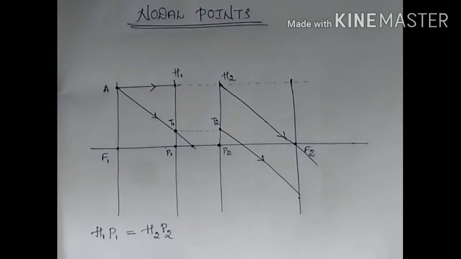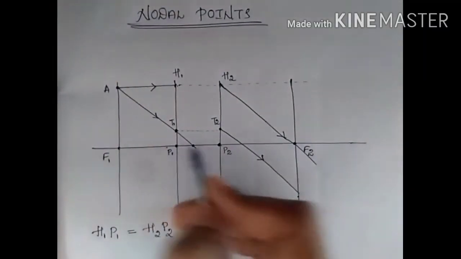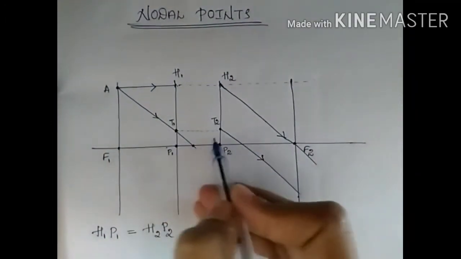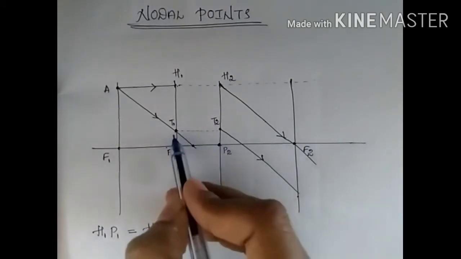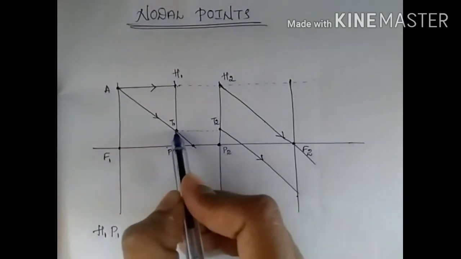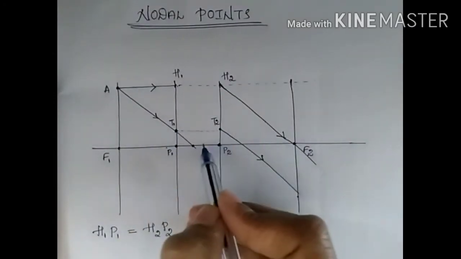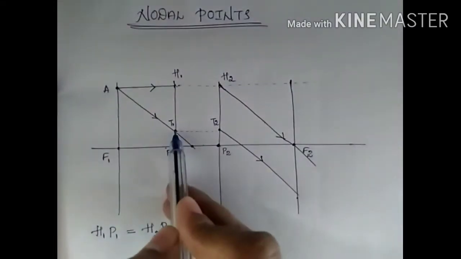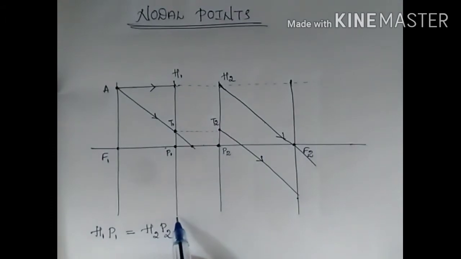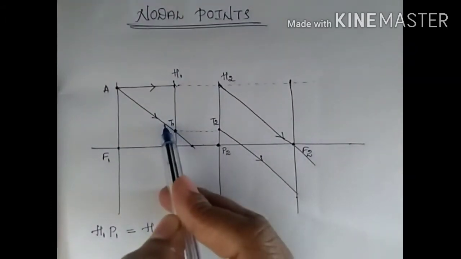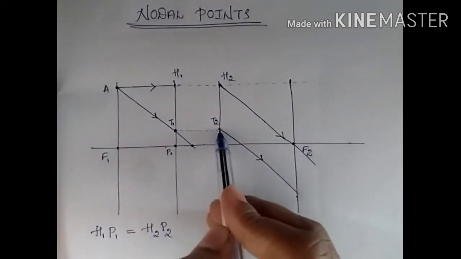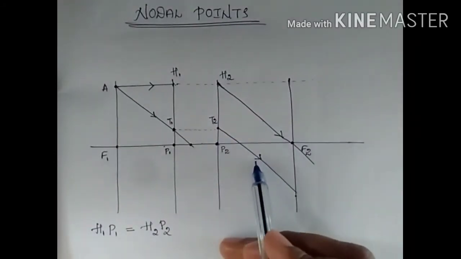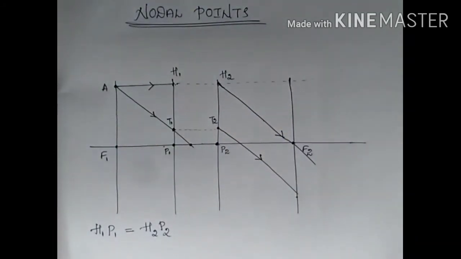Now from the diagram, if you observe, T1P1 is equal to T2P2. Why? Because the distance T1P1 is equal to T2P2. Here we have taken a parallel line from point T1, and this line is parallel to the principal axis. Whenever you incident a ray which crosses the first principal plane H1 at T1, this ray emerges from the second principal plane at the point T2, and this ray will again be parallel to this emergent ray.